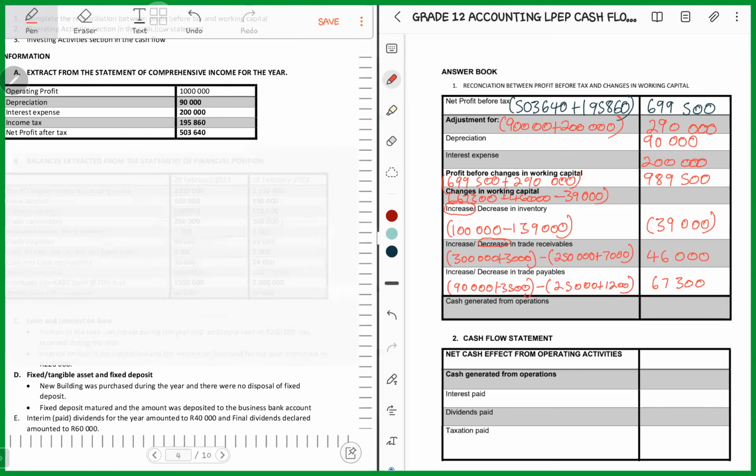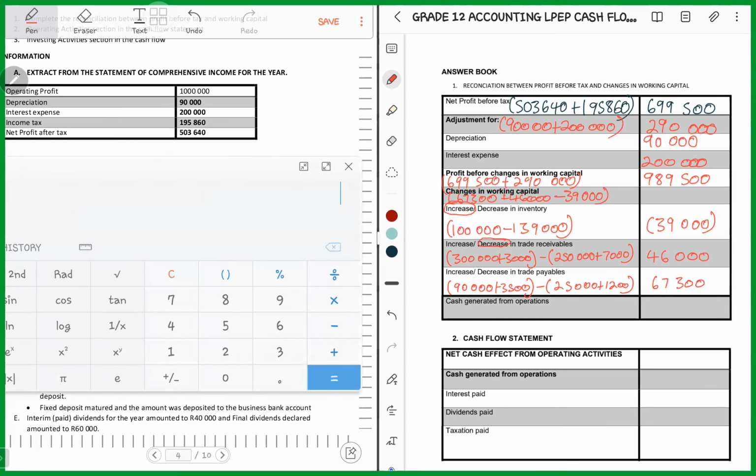Then that'll give us how much? So it will be 67,300 plus 46,000. Then subtract 39,000. That gives us an inflow of 74,300.